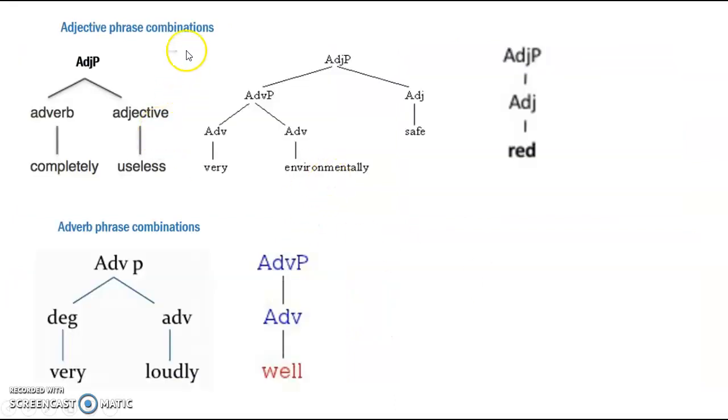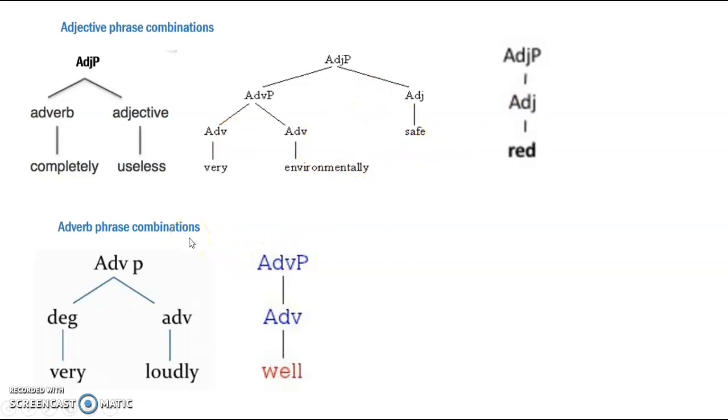We have the adjective phrase too. Adjective phrases are the combination of an adverb and an adjective. Remember, adverbs can also modify adjectives. The theory, again, is important here. Here you have an example. We can also have only one adjective, but in most cases it is adverb plus adjective. And here, two adverbs and one adjective.